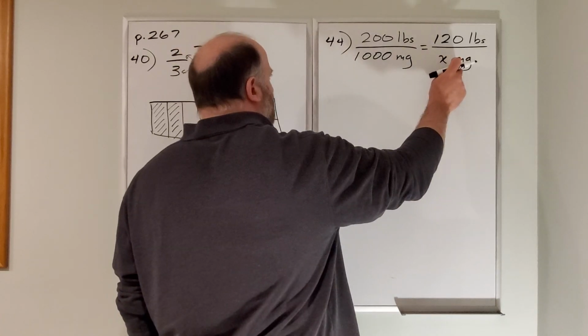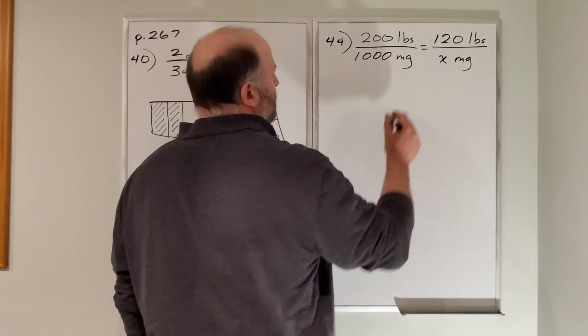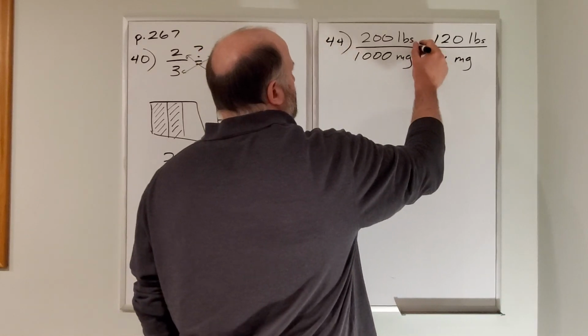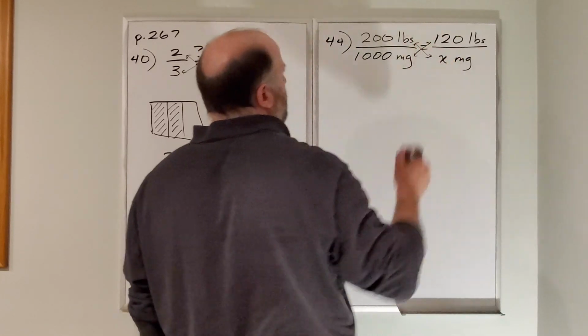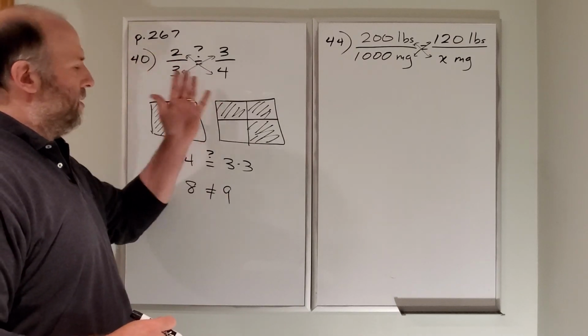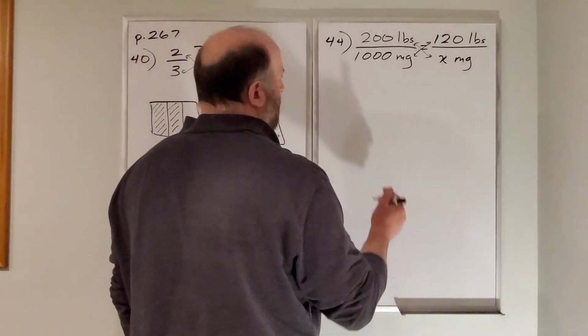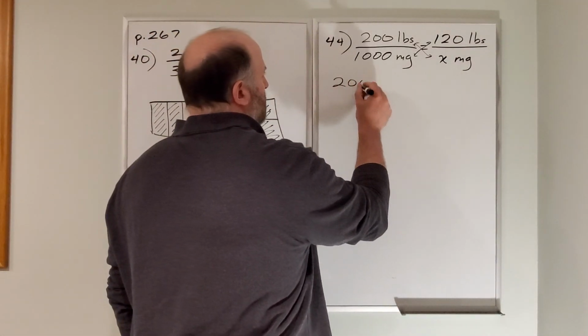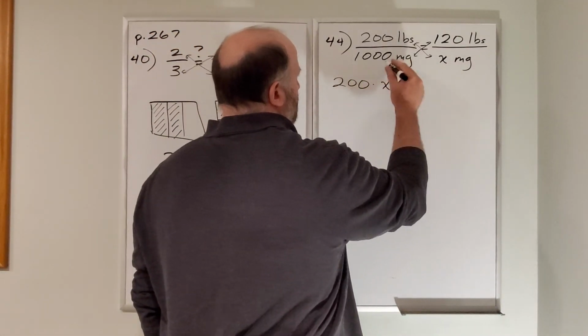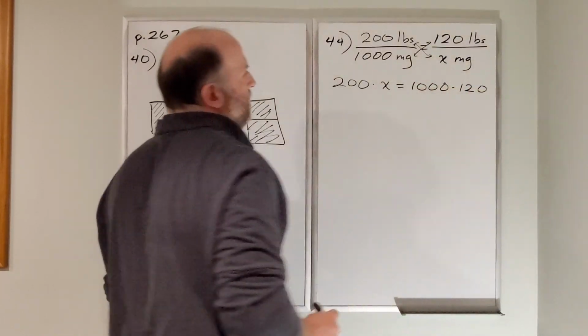Okay, the unknown is how many milligrams should I give a person of this size? Well, as usual, to solve a proportion, whether it's got all pieces known or one unknown piece, cross multiply. So I get 200 times x equal to 1,000 times 120.